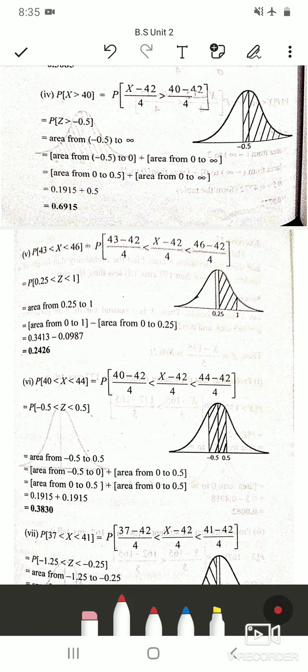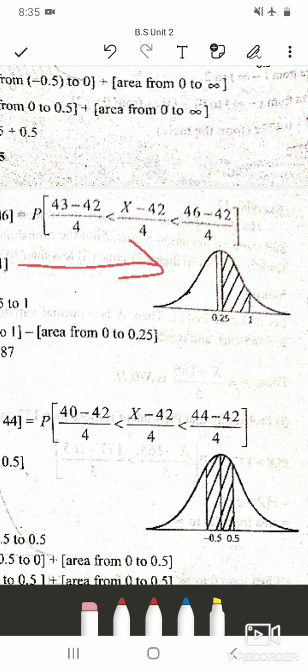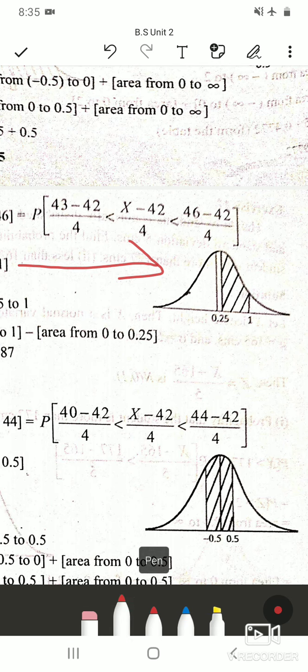Once you get this, the next step is to draw the curve. On the x axis mark the region 0.25, which is a positive value, and 1. You want to find the area of this whole region. From the table we can calculate the area from 0 to 1, but we don't know this particular region.